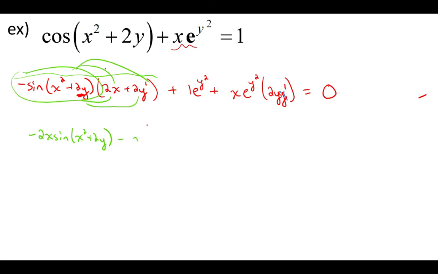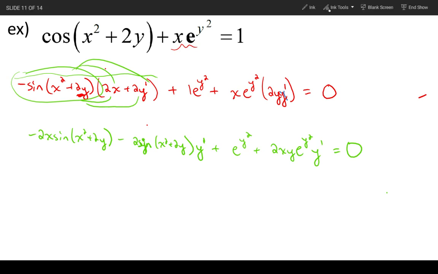And then minus 2 sine of x squared plus 2y, y prime, since we should only throw the y prime on the end. So when I distribute that one, plus our e to the y squared. And then here, I'll reorganize that one a little bit, make it 2xy e to the y squared y prime equals 0.